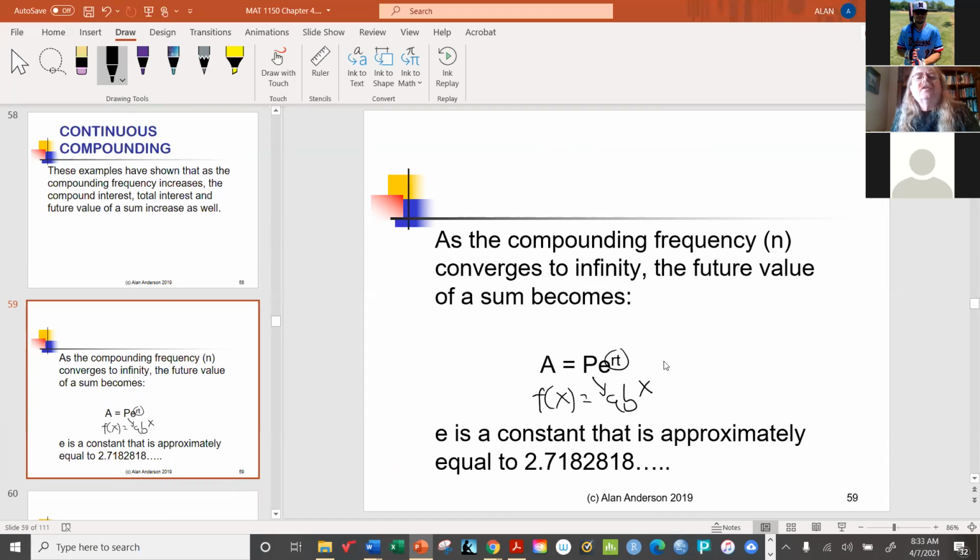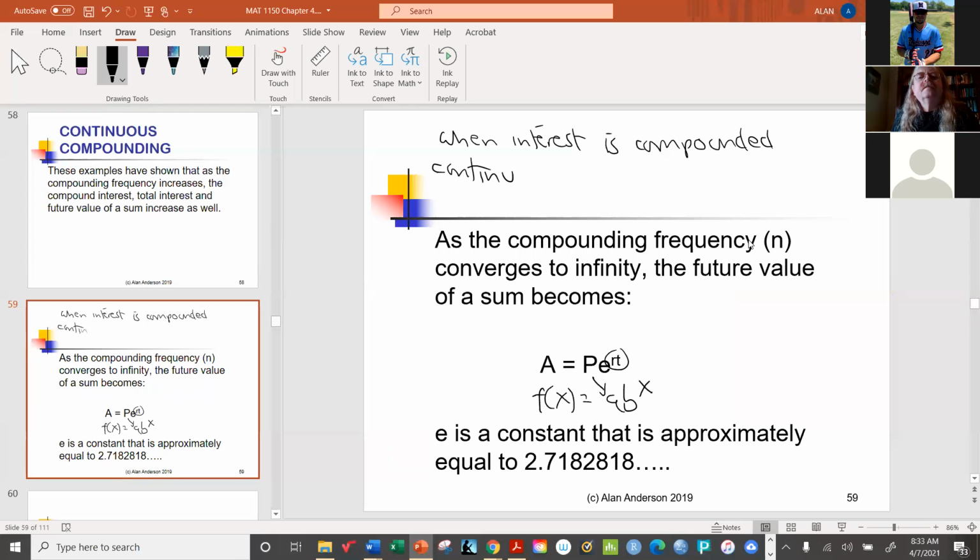So when interest is compounded continuously, the growth rate is exponential.